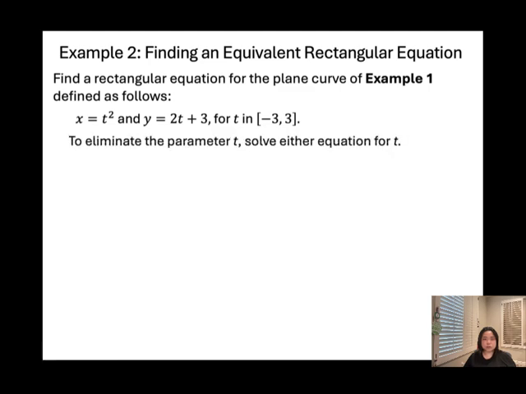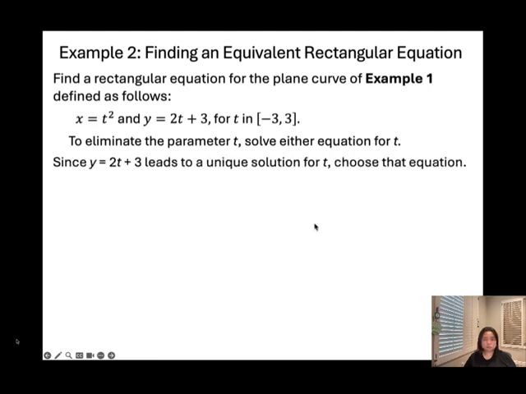So first thing we need to do, we want to eliminate the t. It would be easier if we solve the equation for t using the y. So we subtract 3 from both sides and then divide by 2.